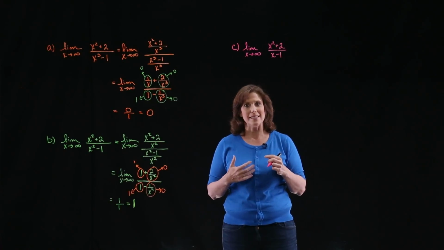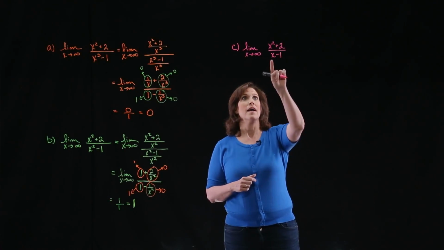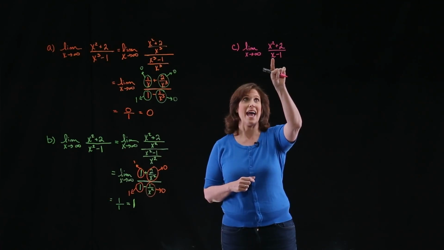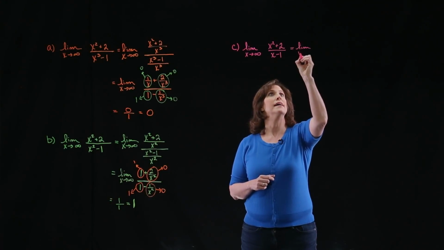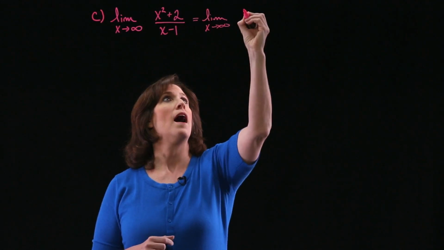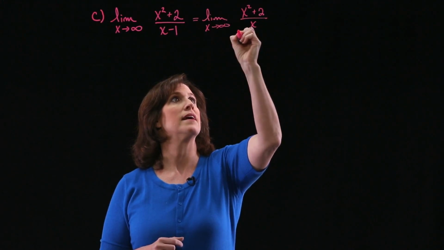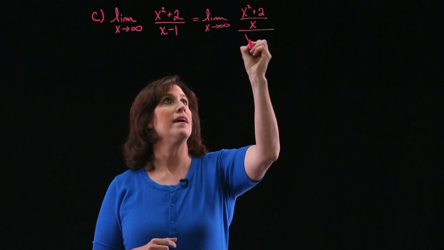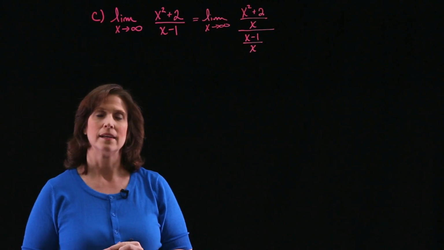So we're going to try the same trick that we did before, dividing by the highest power in the denominator. The highest power this time is just the x. So we're going to write this as the limit as x approaches infinity of x squared plus 2 divided by x, over x minus 1 all over x.